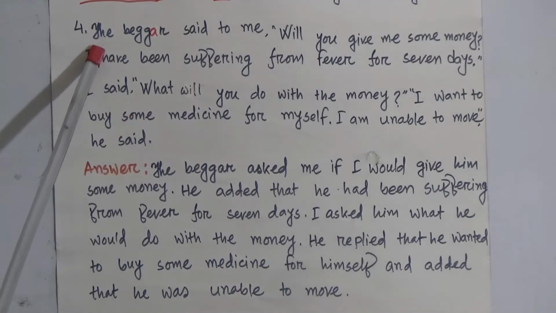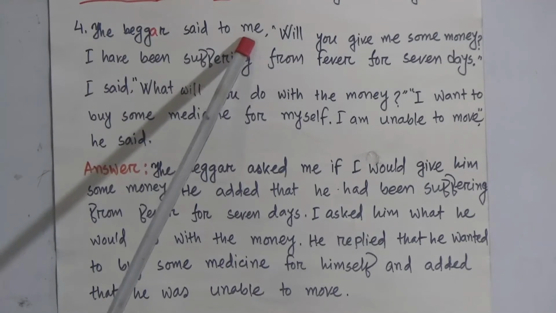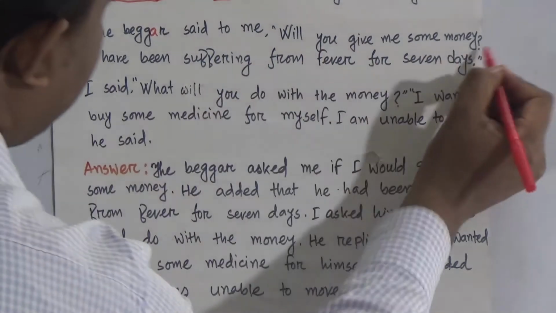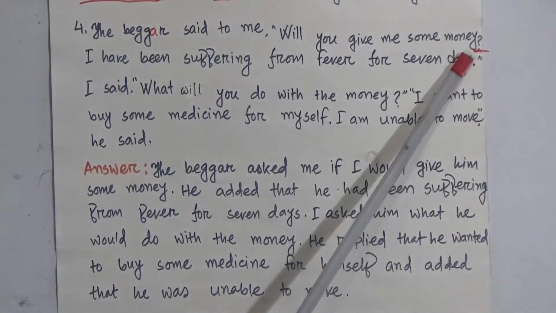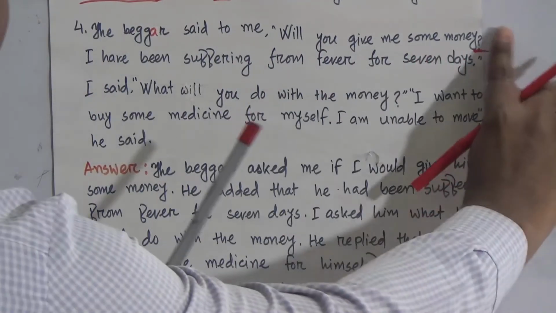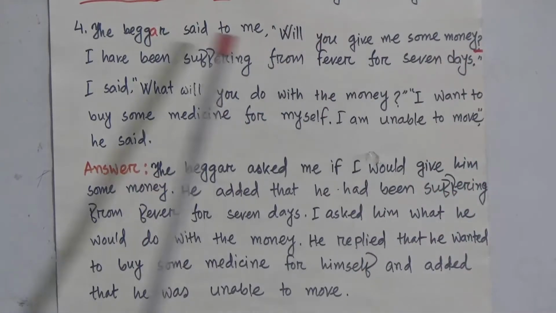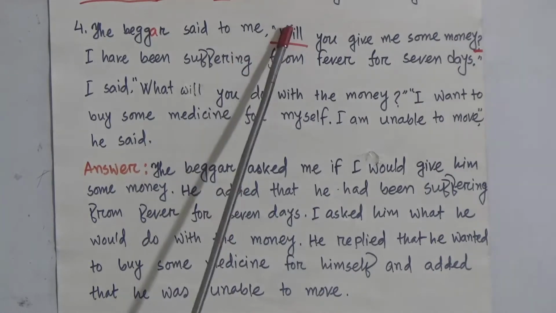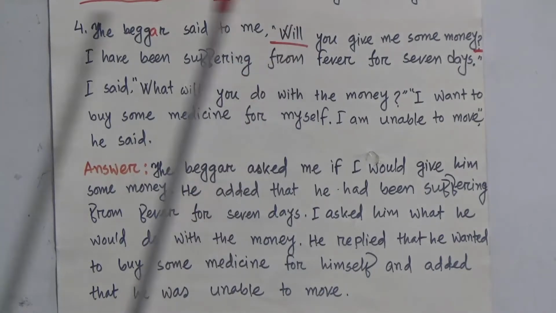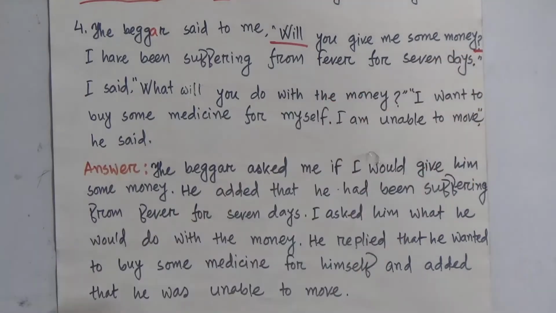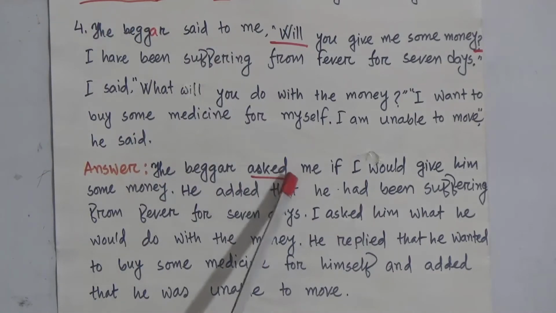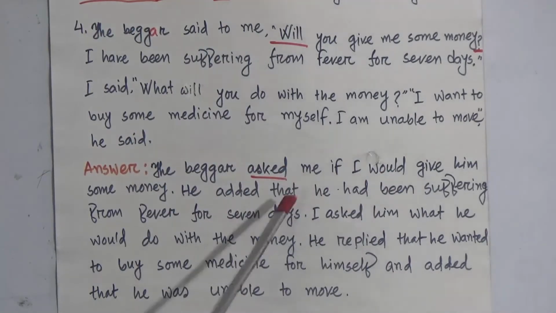So let's start. The beggar said to me, will you give me some money? Dear students, this is an interrogative sentence. This interrogative sentence starts with will. Will is an auxiliary verb. So although it's an interrogative sentence, we have to use asked. The beggar asked me, not to, because asked doesn't carry any to.